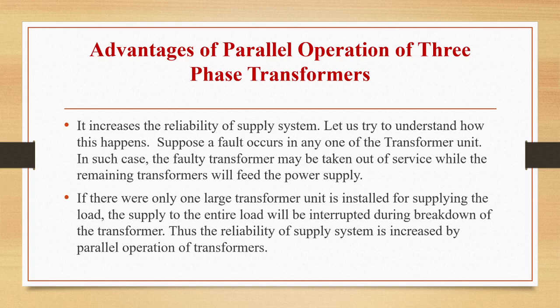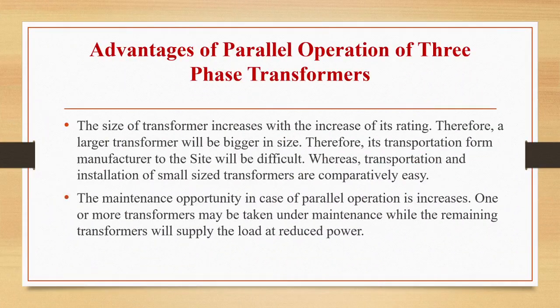If the transformers are not operating in parallel, then with one large transformer unit, the supply to the entire load will be interrupted, and power will not be continuously given to the consumer because of the breakdown of the transformer. So reliability of the supply system can be increased by parallel operation of transformers.